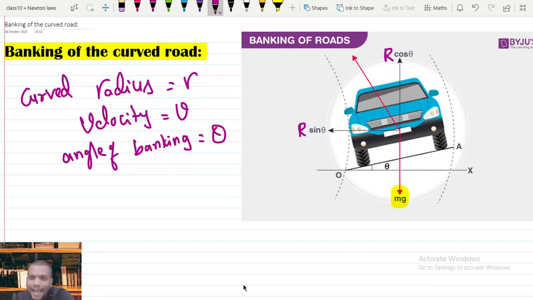We know that the angle made by the raised road with the horizontal of the lower level of the road is known as the angle of banking.